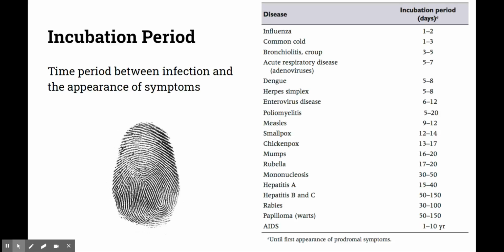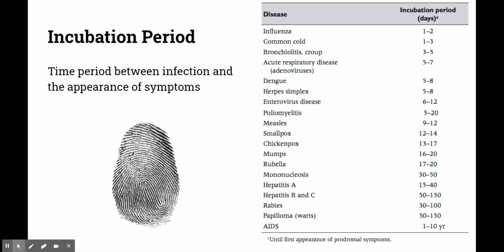So if you are infected with the virus, let's say you inhale it, it begins an infection, and you start getting your first symptoms 5 days later, maybe like a headache and a fever. The incubation period for you is 5 days. And if you average up everyone's incubation periods, that gives you the incubation period for the disease.